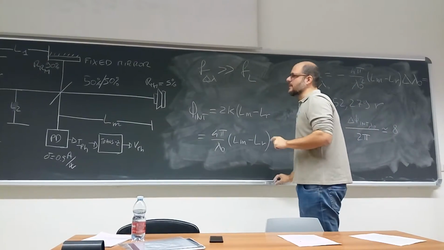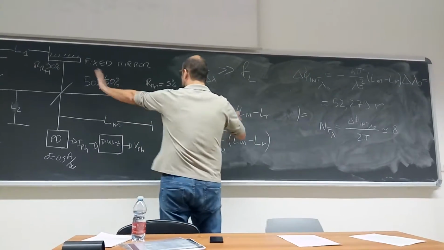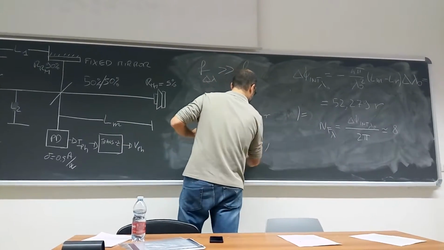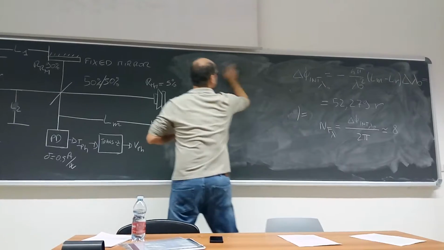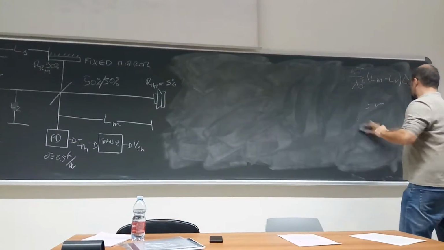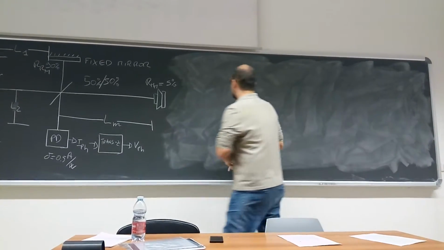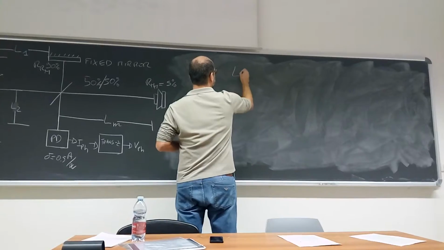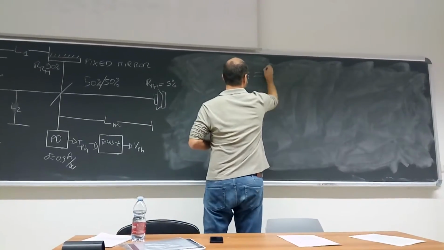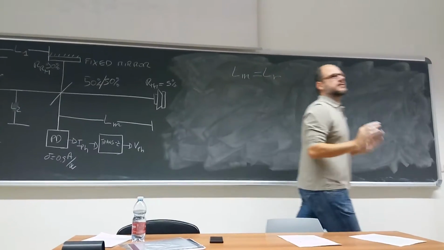Question, how can you do a measurement in this condition? So now, let's suppose, don't look at this image, this is not related to the exercise, this is an extra part, that you are working with Lm equal to Lr, okay? You are in this context.